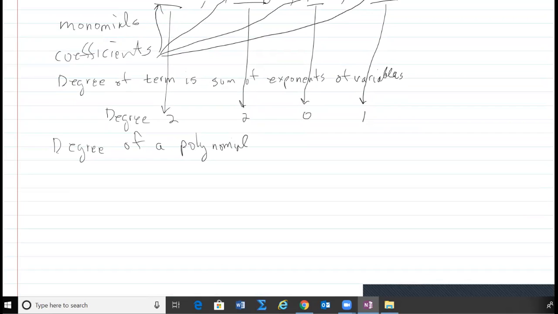So the degree of a polynomial is the same as the term degree that is the highest.